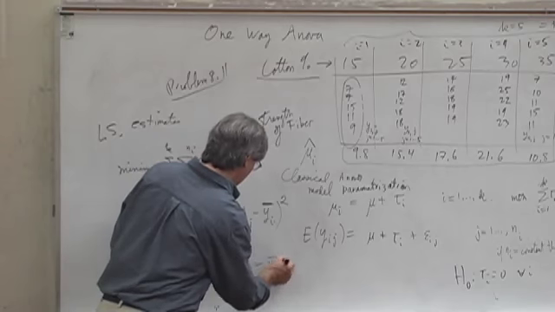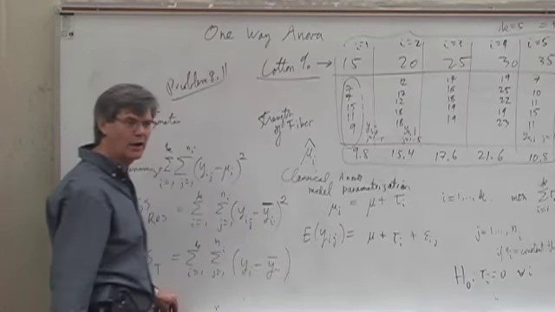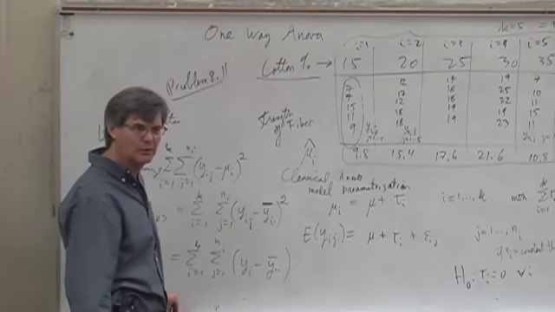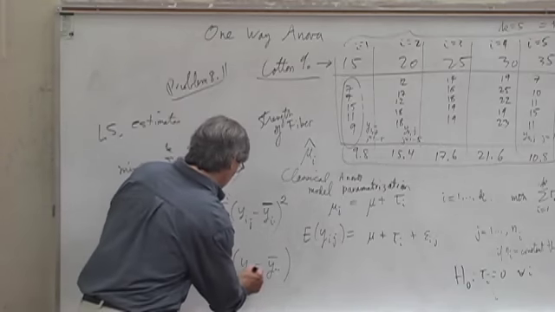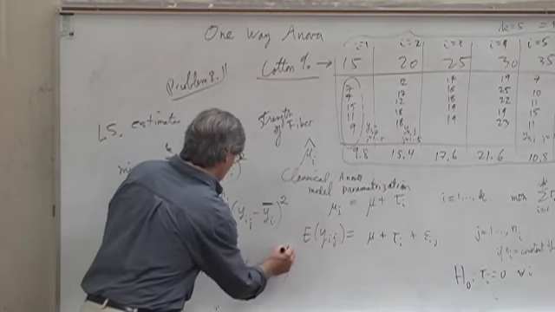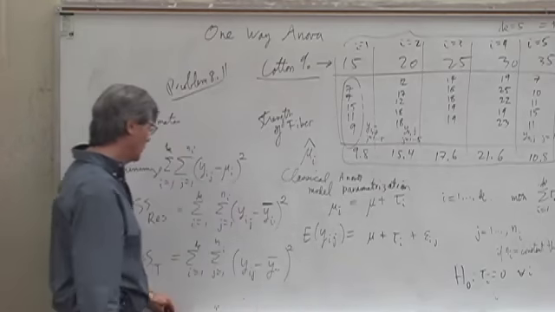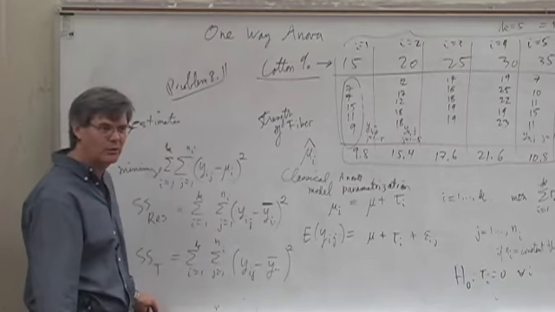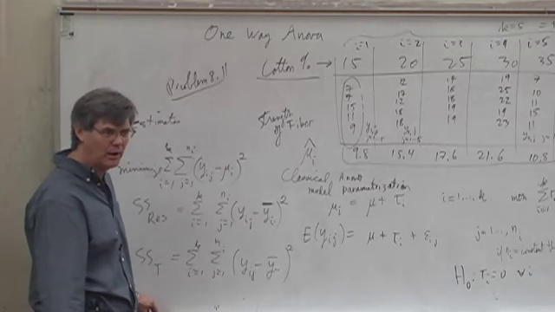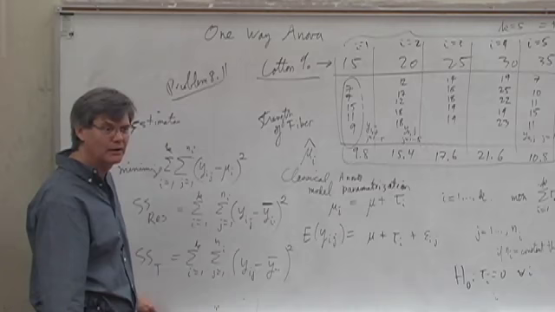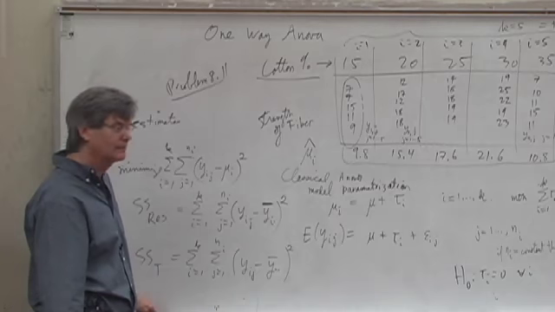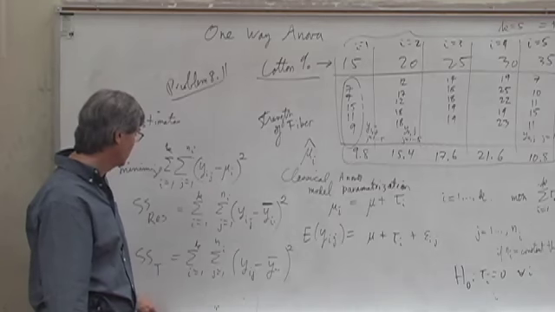You sum over all the i and j, divide by the total number, and then take yij minus that, squared. That's SST, exactly the same as SST always is.